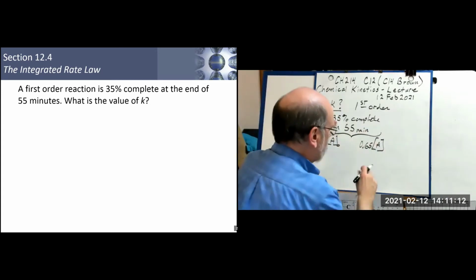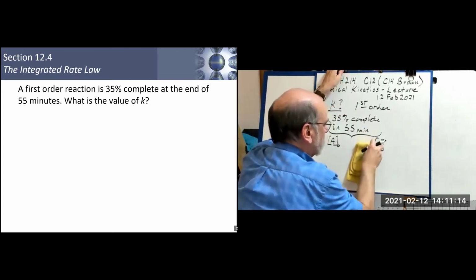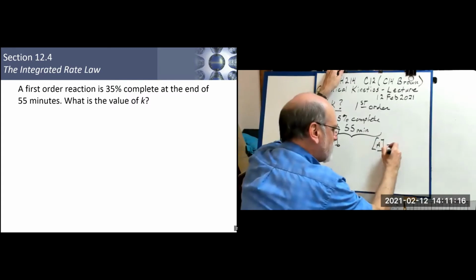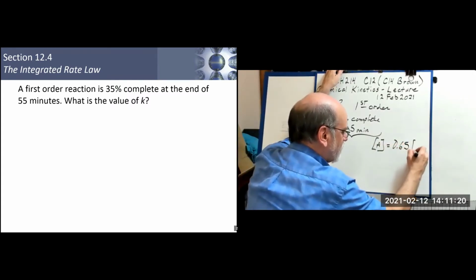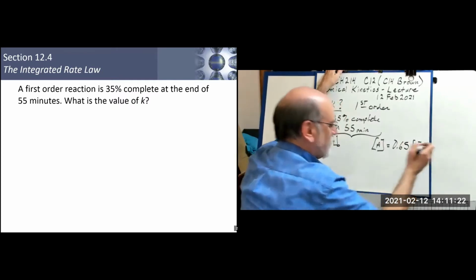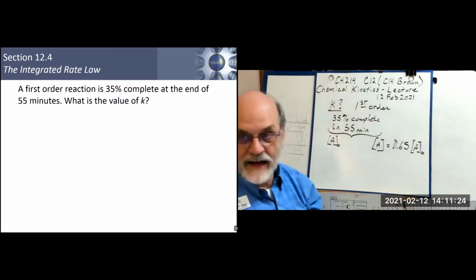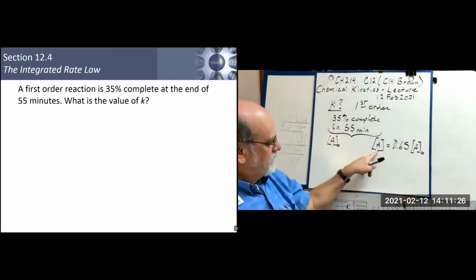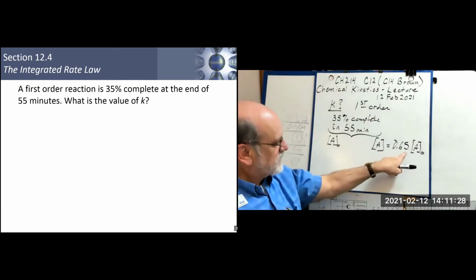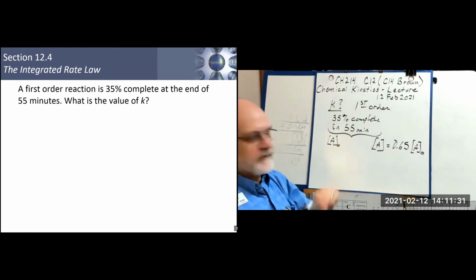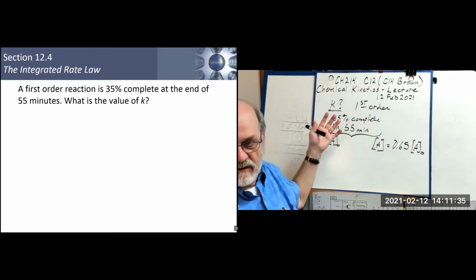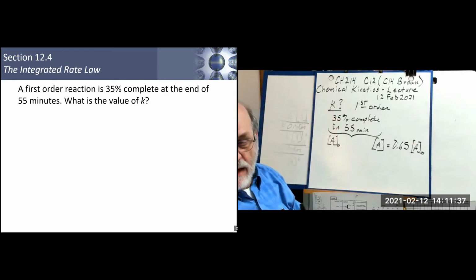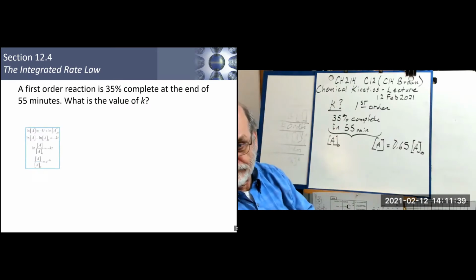Well, actually, that's not right. Excuse me. This equals 0.65. There. That's true. This is equal to 0.65 of that after 55 minutes. Okay, so that's everything that we're given. And they want to know what K is.